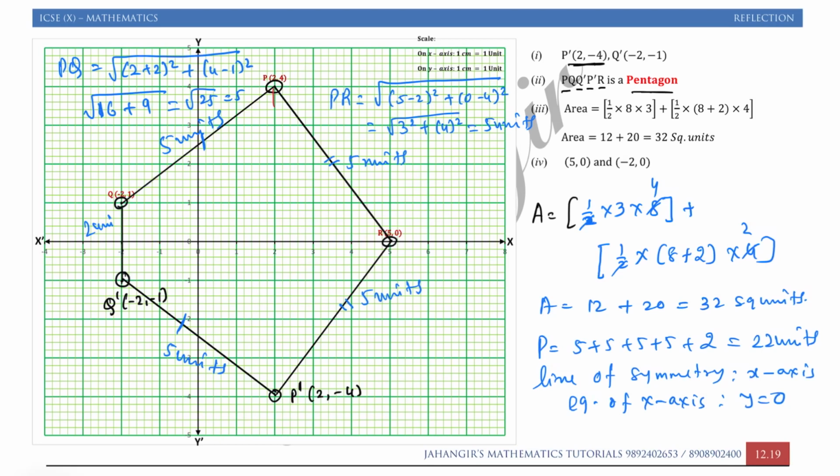Now name the points from the figure which are invariant on reflection in the x-axis. Of course, we have 2 points. One is this point and another is this point. These 2 points do not change their position when reflected in the x-axis. They are on the diagram, meaning on that line. So 5, 0 and minus 2, 0 are invariant in the x-axis.